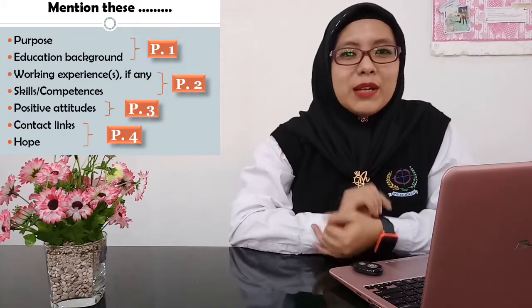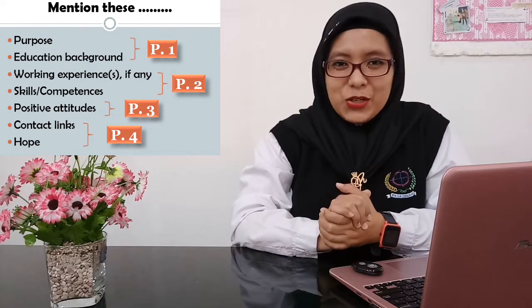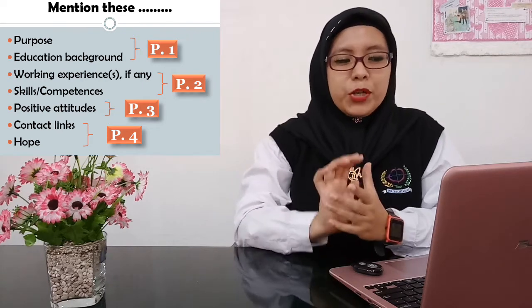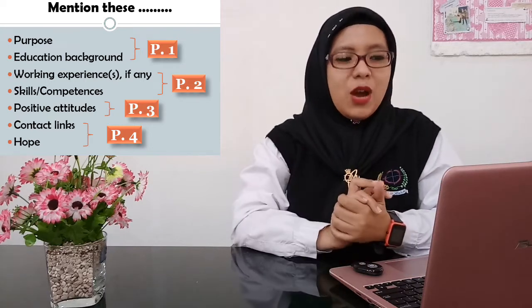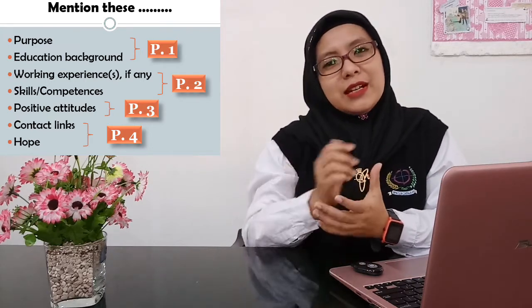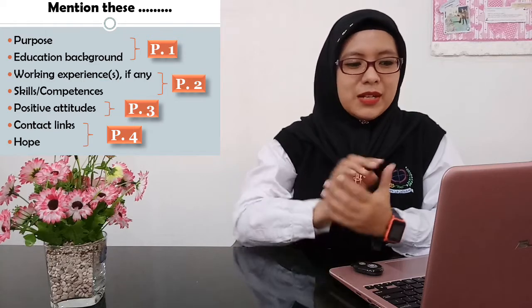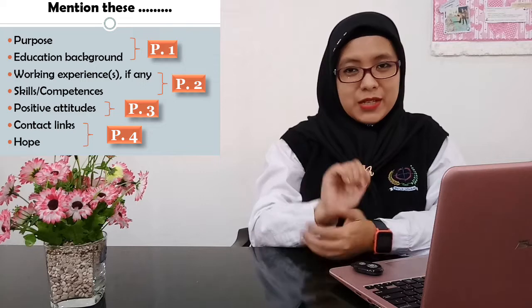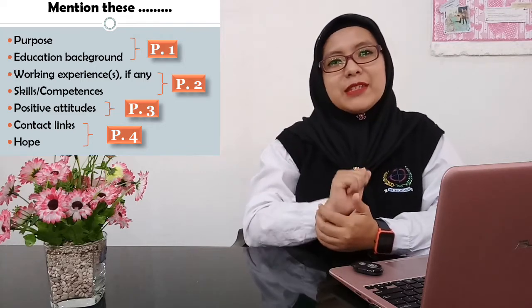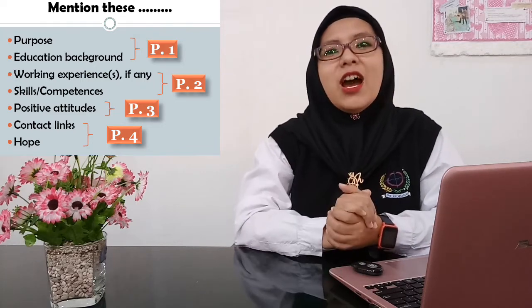This is one paragraph management that you can adopt, where you put your purpose and educational background in one paragraph, working experience and your skills or competencies in one paragraph, and then your positive attitude in one short paragraph, and then the last paragraph is about your contact links and hope.